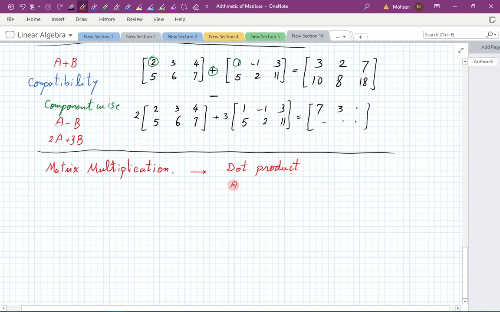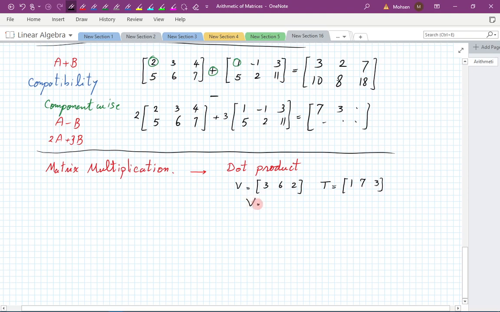Suppose I had a vector, and this vector was 3, 6, 2, and then I had another vector, let's call it t, and that was 1, 7, 3.